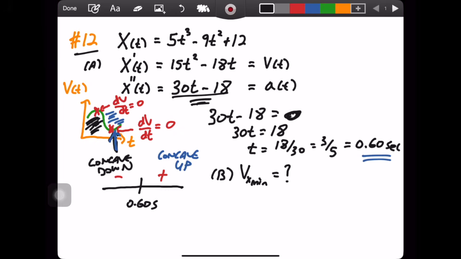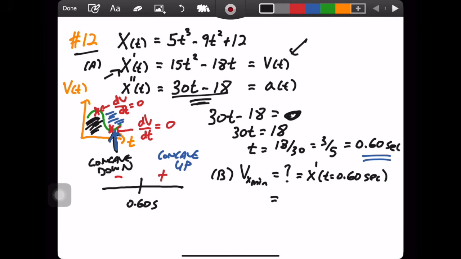Well, remember x prime, that was this term right here, that can be expressed as V as a function of time. And so Vx min is quite simply x prime where t equals 0.60 seconds.